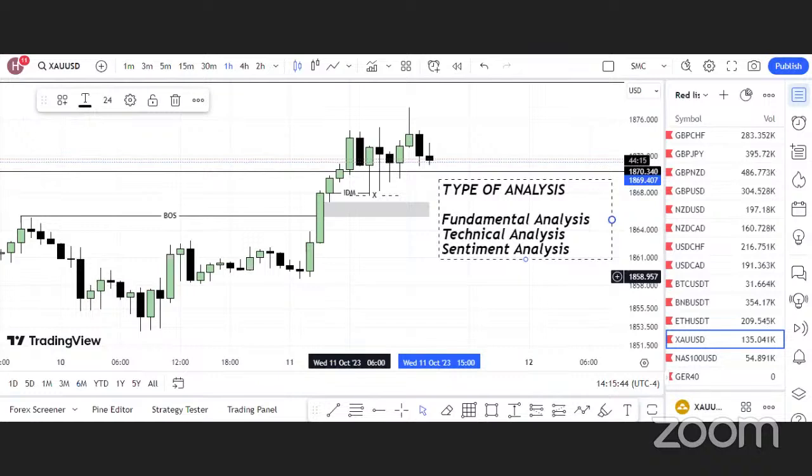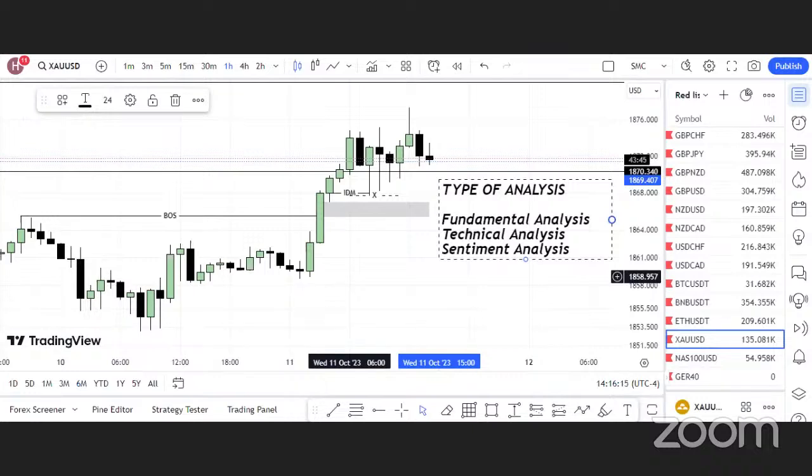Let's use USD, the United States dollar, for example. If the United States is experiencing an economic factor, it is going to affect the supply and demand of USD. Likewise, if the country is experiencing a political factor, it is also going to affect their currency, the US dollar. That is how fundamental analysis works.